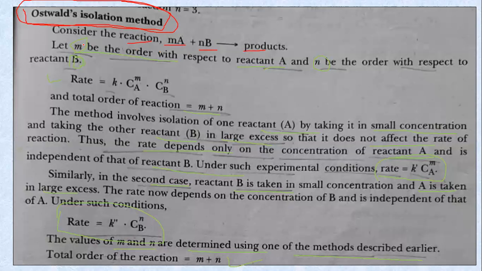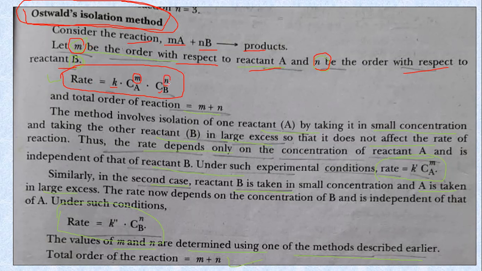Now m is the order with respect to A, and small n is the order with respect to molecule B. So the rate of reaction is given by the rate constant k into the concentration of A raised to m, into the concentration of B raised to n.